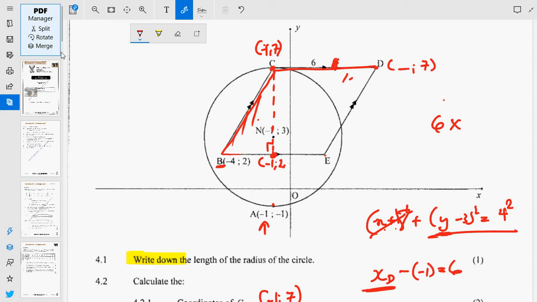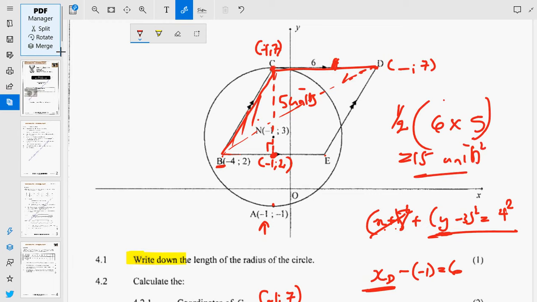So I'll have the y value of 2. So if I ask you what is the length of this vertical line, you will say 7 minus 2, which is 5 units. So the area of the parallelogram is 6 times 5, but since I'm looking for the area of the triangle, which is just half of the parallelogram, I'll have to halve this. And there I'm going to get my area to be 15 unit squared.